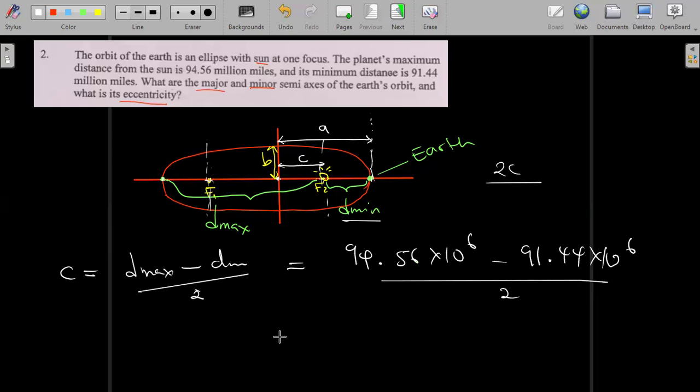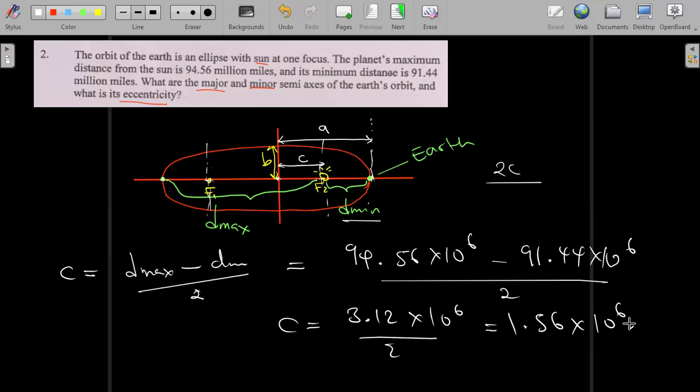And you're just going to get that C will be equal to 3.12 multiplied by 10 to the power 6, then divided by 2. And this here just gives you 1.56 multiplied by 10 to the power 6 meters. So this here is going to be our distance C.